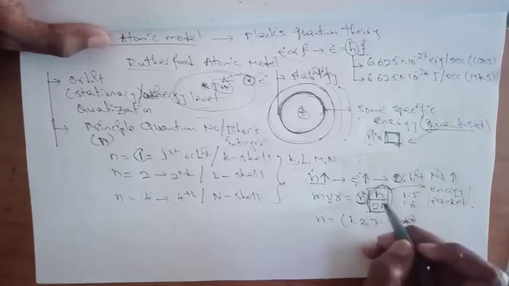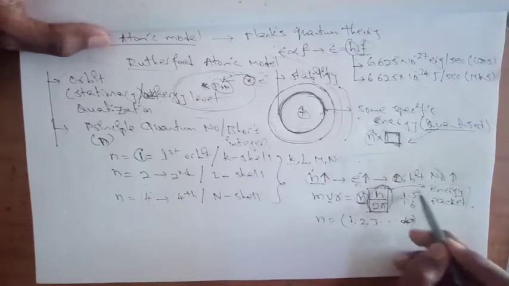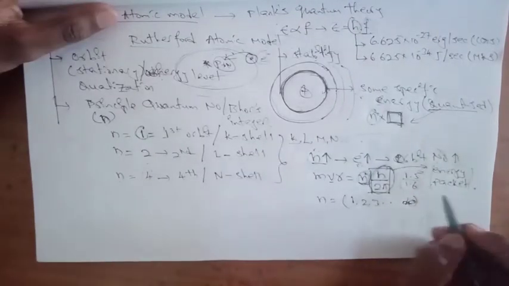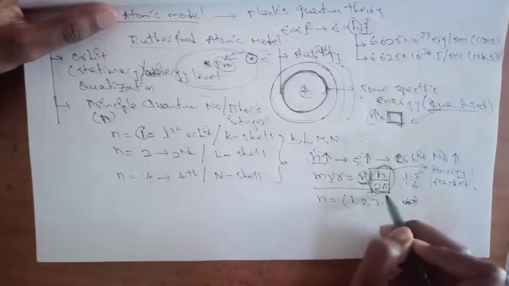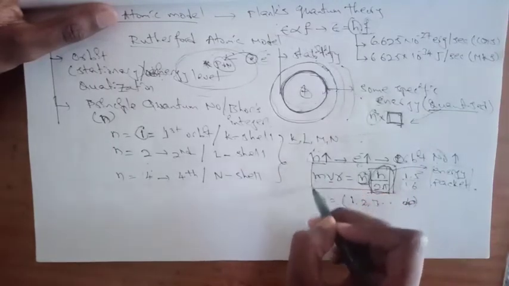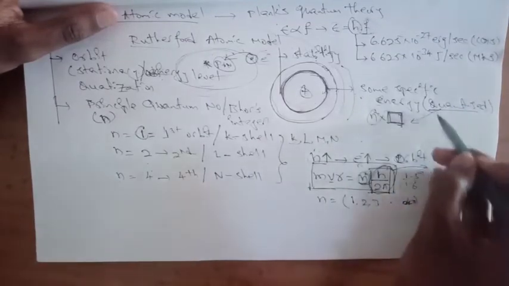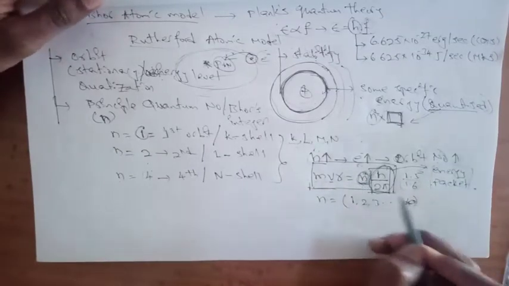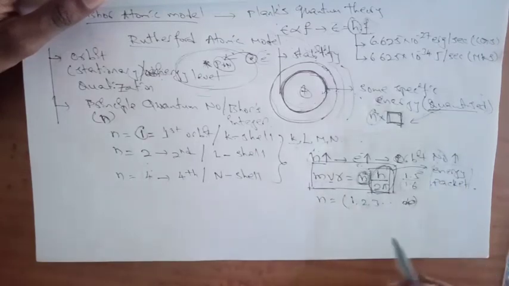It comes with multiples of packets, only integer values. So we can conclude that the angular momentum of the electron is quantized. Why? Because it comes with only integer values, not fractional values.